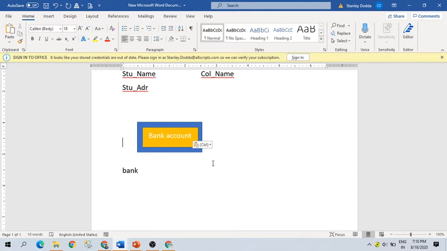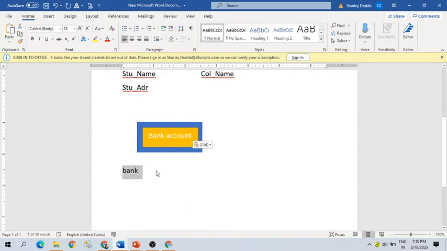So without the bank name, a bank account doesn't work out. Even if you give the account number, they cannot credit the amount into that account because you are not giving the name of the bank. Until and unless the name of the bank is known, it is not possible to credit the amount. So now the bank account is depending on the entity called bank.